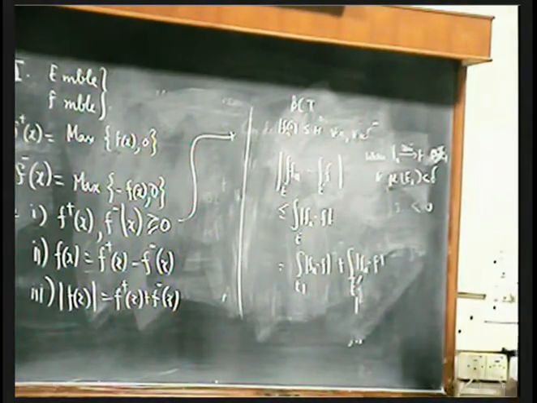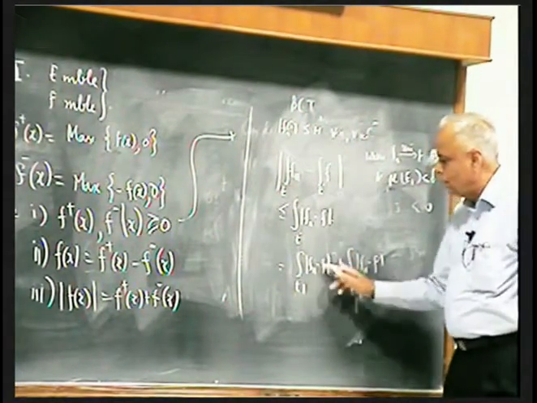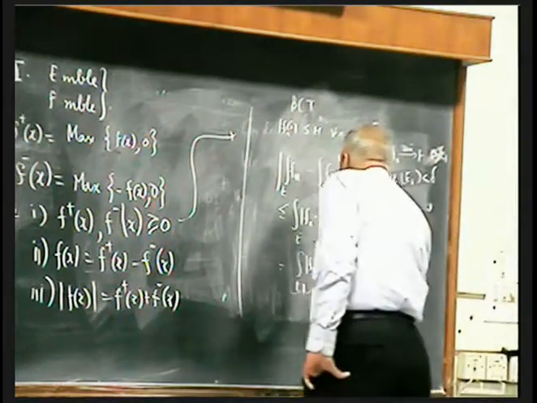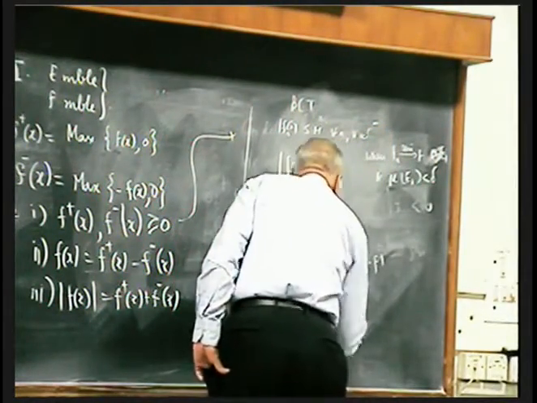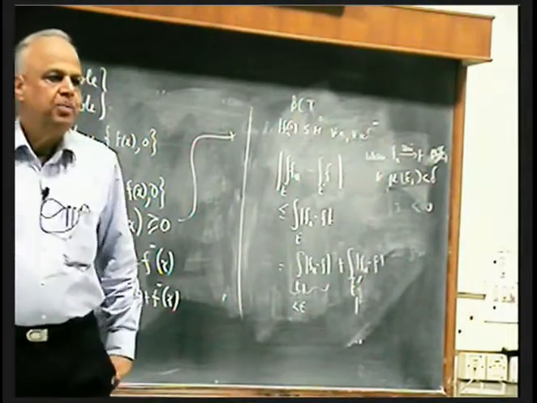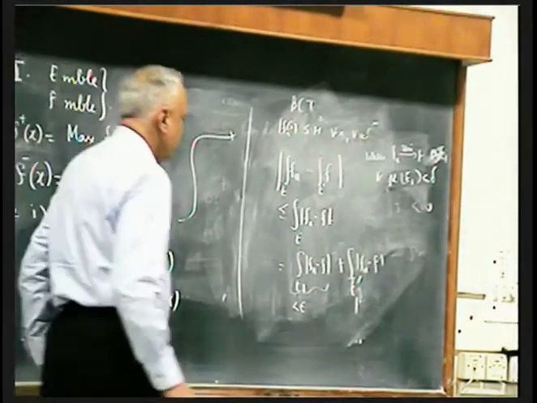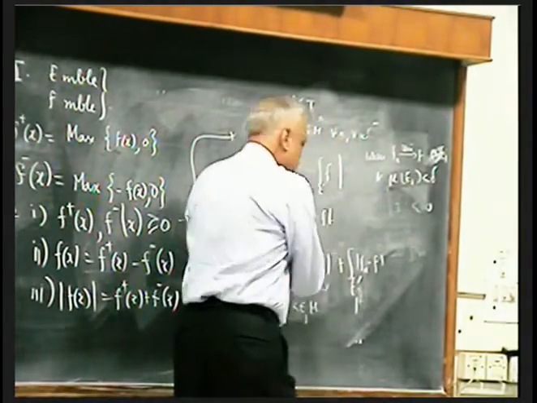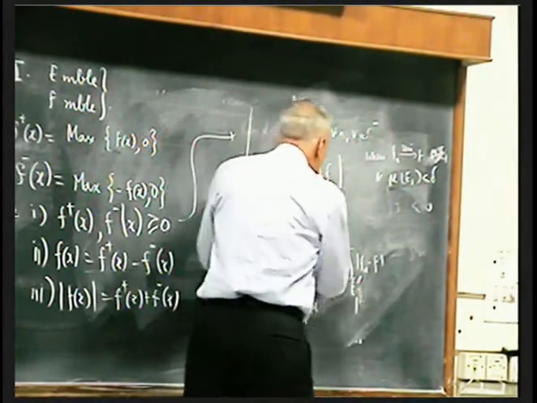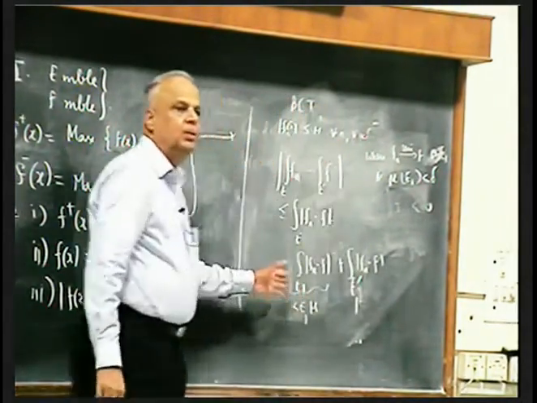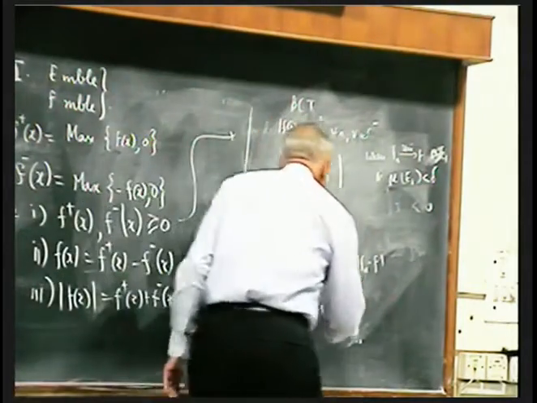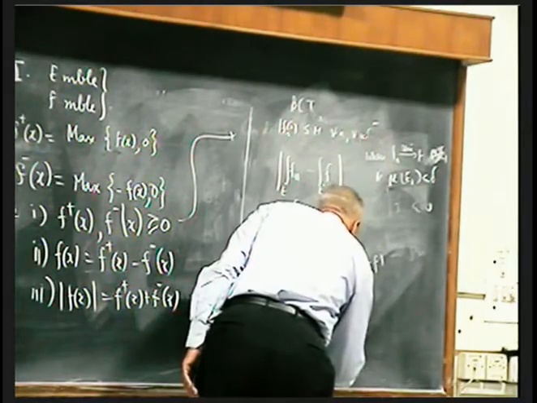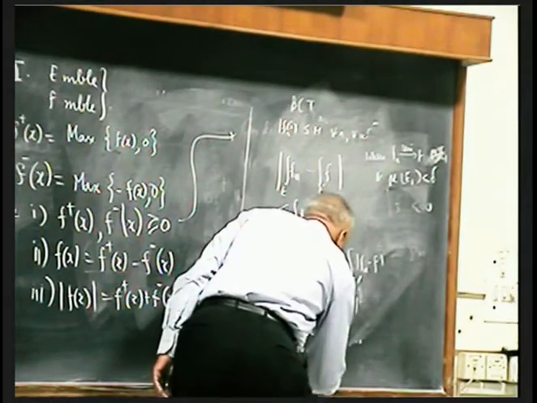Now uniformly this can be made small. So this part is less than epsilon times the measure of E1 for large n, by uniform convergence.